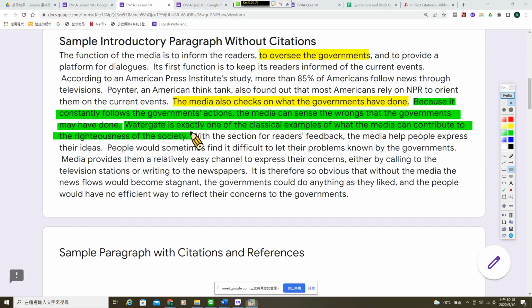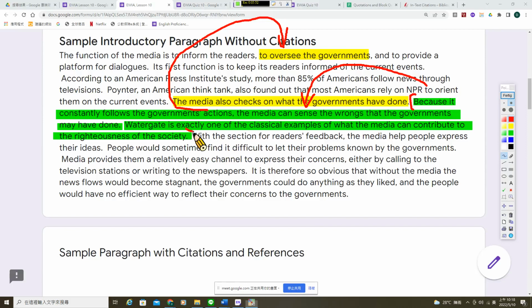And these two sentences are used to support my argument that the media also checks on what the governments have done, and this is used to oversee the governments. Okay, so look here.